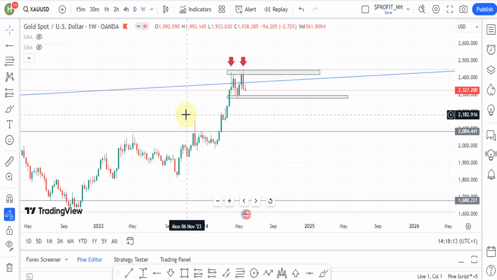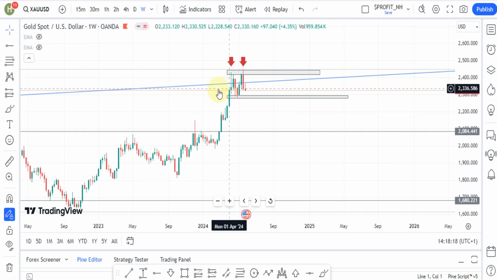At least from the weekly time frame, the market is rejecting around this key area, which is a resistance from the 1 year time frame, and you know how strong that is.